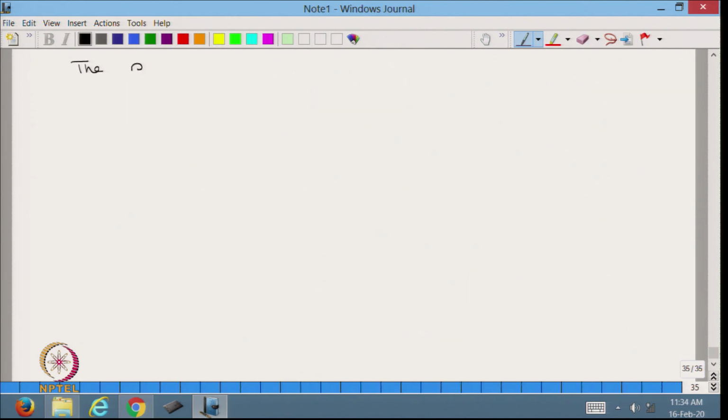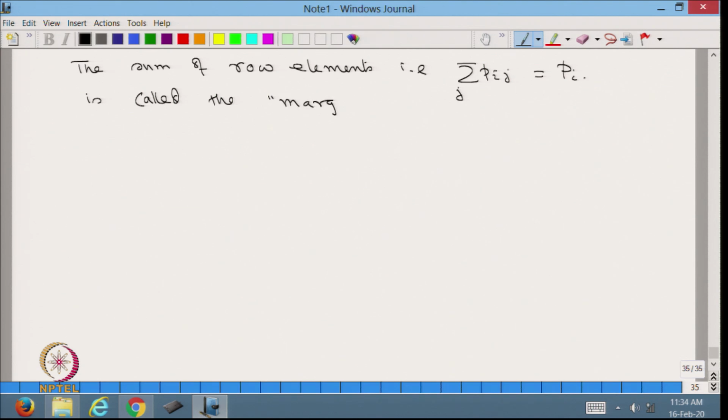The sum of row elements, that is, sigma Pij summing over j, is equal to P i dot, is called the marginal probability for x taking the value i.